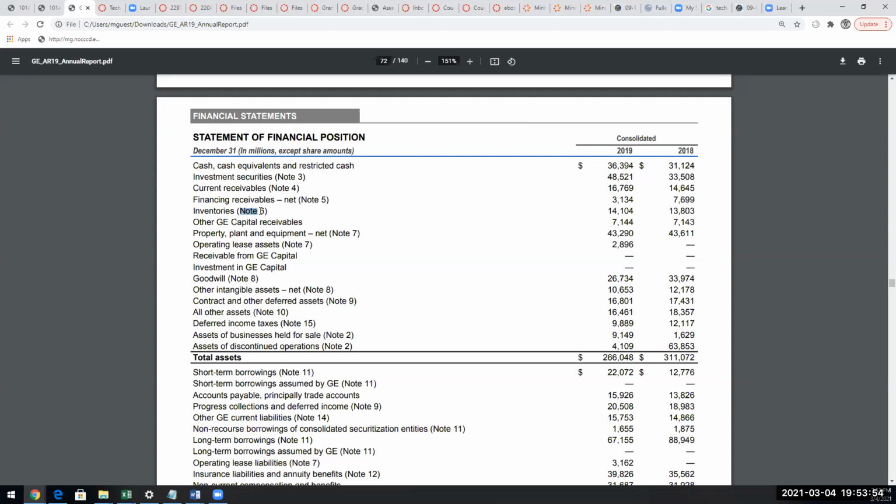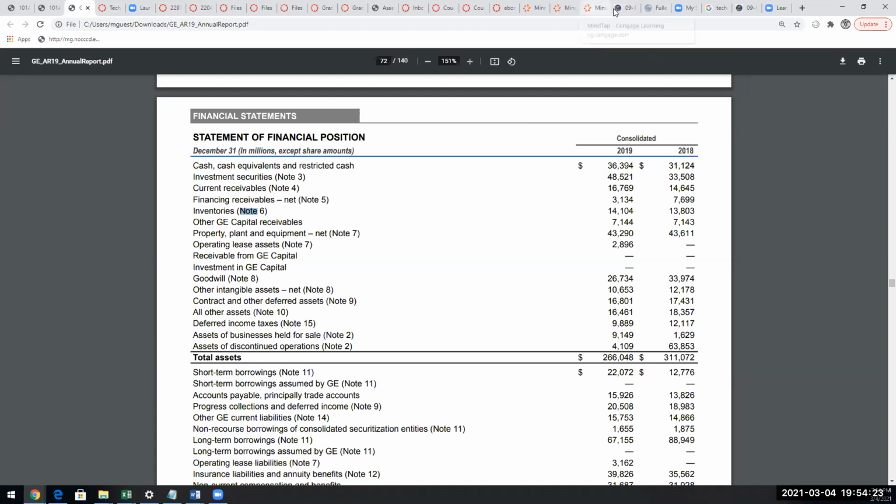But GE used to use LIFO a lot, and now I don't think they use it. I don't know for sure, but according to what I'm reading, they can't use it anymore. I will show you in our textbook why they stopped using LIFO. A lot of people in the United States like LIFO because there's an advantage, and we will see that next class. So many companies use LIFO.